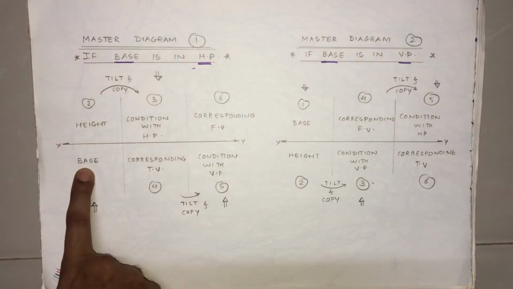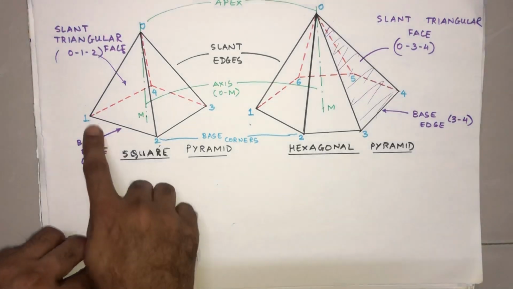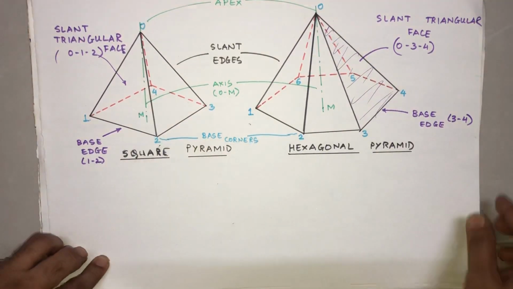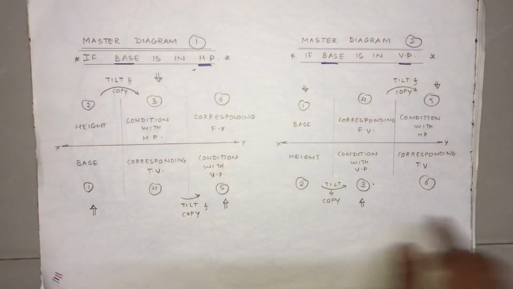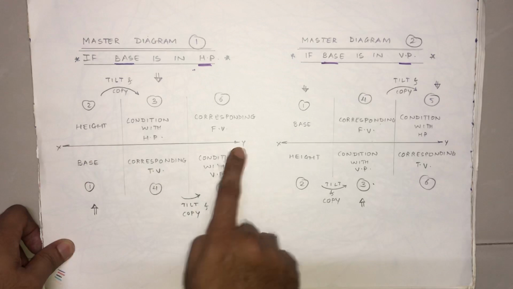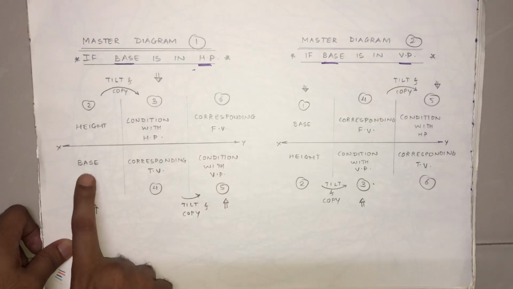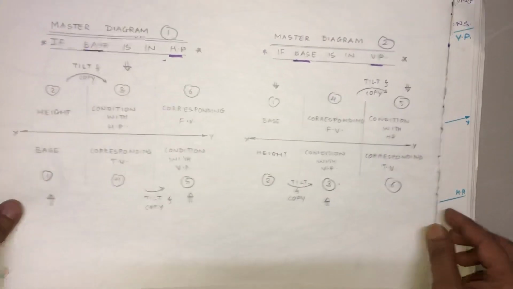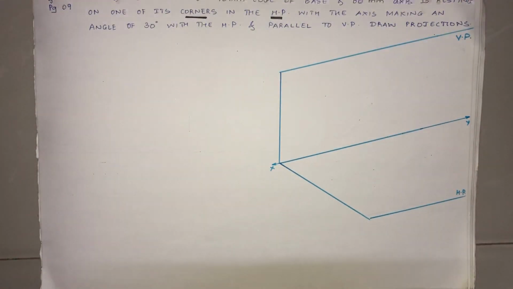But we already know the base of a square pyramid is a square, which is named as 1, 2, 3 and 4. So now I am going to draw the step 1 of our problem, XY line, and below that step number 1 is drawing the base of a square pyramid. So now let us start drawing it.